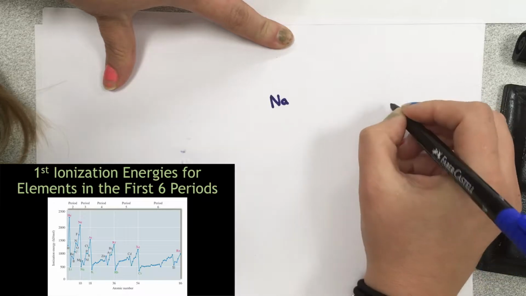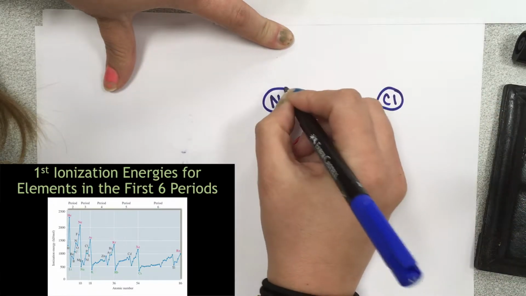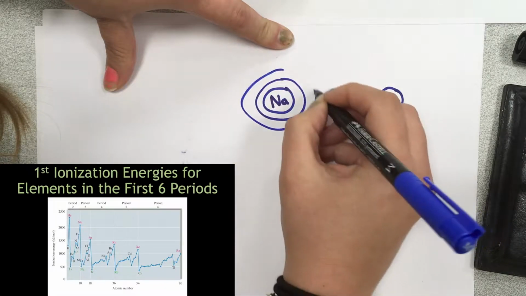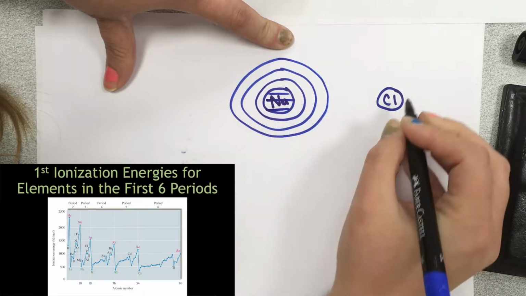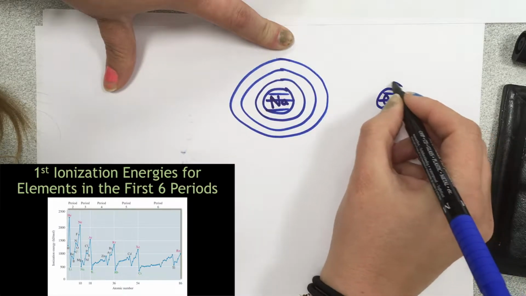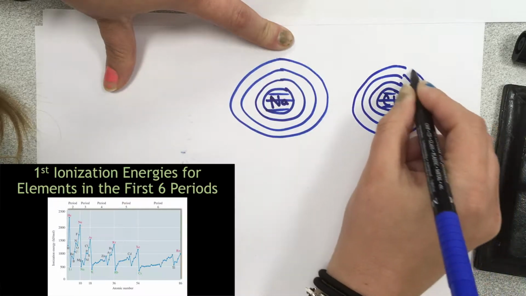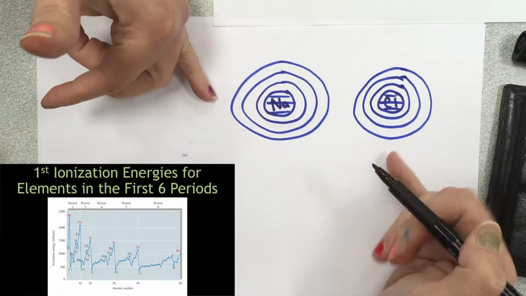I'm just going to make that its nucleus, and chlorine. This is the nucleus, okay? They both have 3 energy levels. So 1, 2, 3. Don't be confused. This is the nucleus. This is the nucleus. We'll do that. 1, 2, 3. Okay, so each of them has 3 energy levels, okay?